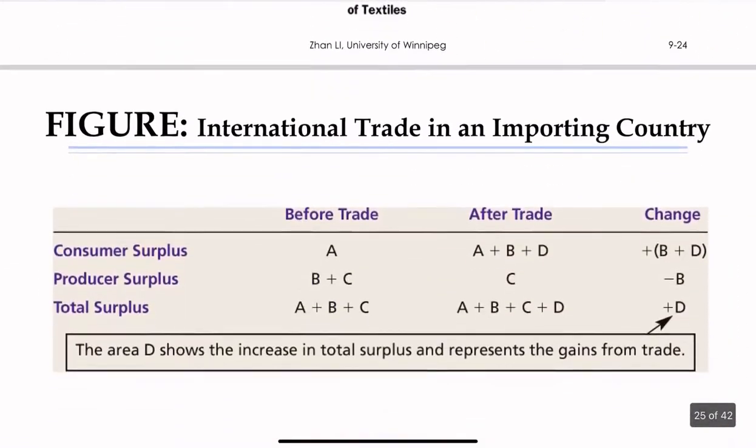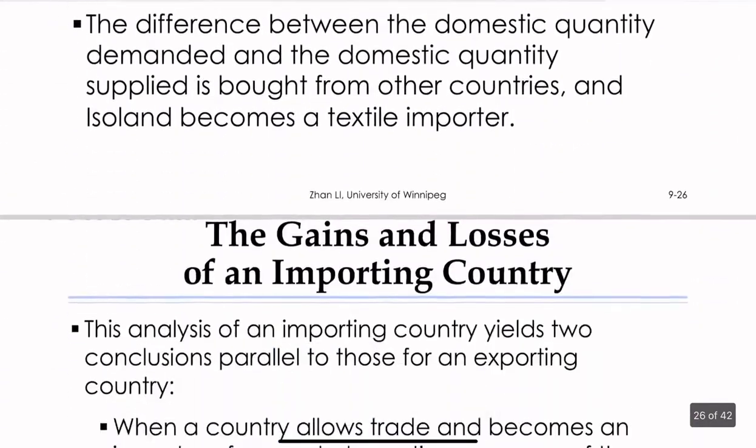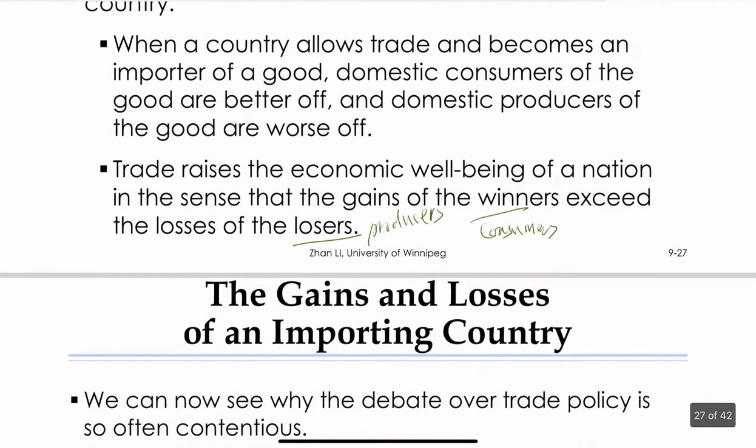And then you can see that in the second case, when the country becomes an importer, producers will become losers and consumers will become winners. So generally, if a country becomes an importer, there will be a lot of debates. The reason is because if a country becomes an importer, producers, those firms, will become losers. And generally, firms have more political power compared with consumers.